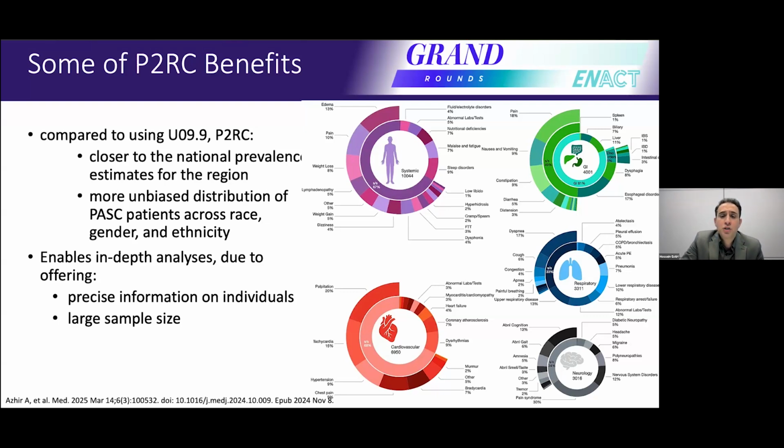With this precision cohort, we can run in-depth analyses on clinical genetics and demographic differences in risk, because we have both a large sample size and precise individual-level data. We have run a lot of these types of studies. In short, with precision phenotyping, what you get is better science, bigger insights, and a future where complex conditions like long COVID are studied with the scale and accuracy they deserve.